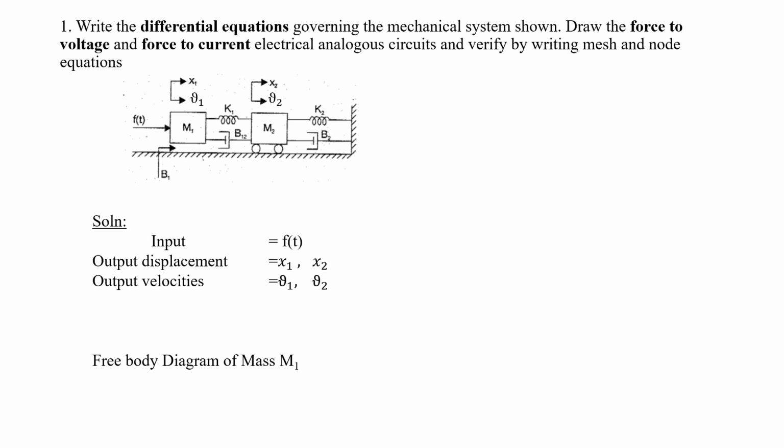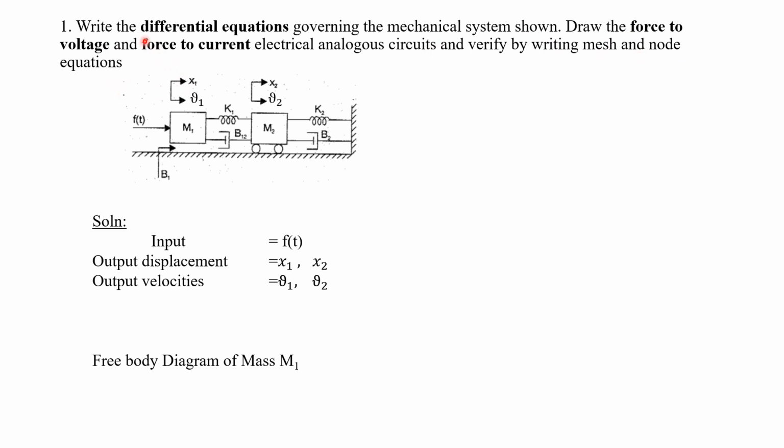Electrical analogous to mechanical translational system. See here, this is the formula. Write the differential equation governing the mechanical system shown and draw the force to voltage and force to current electrical analogous circuits and verify by writing mesh and node equations.